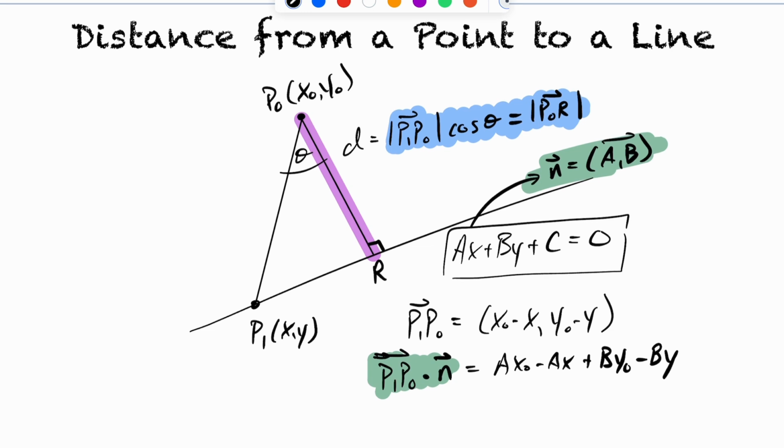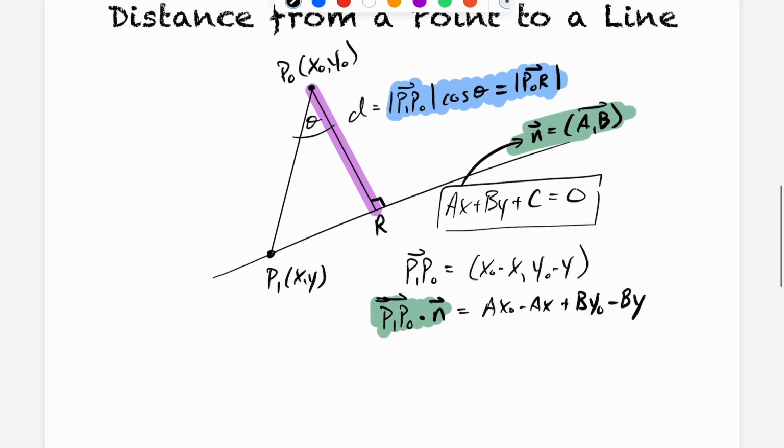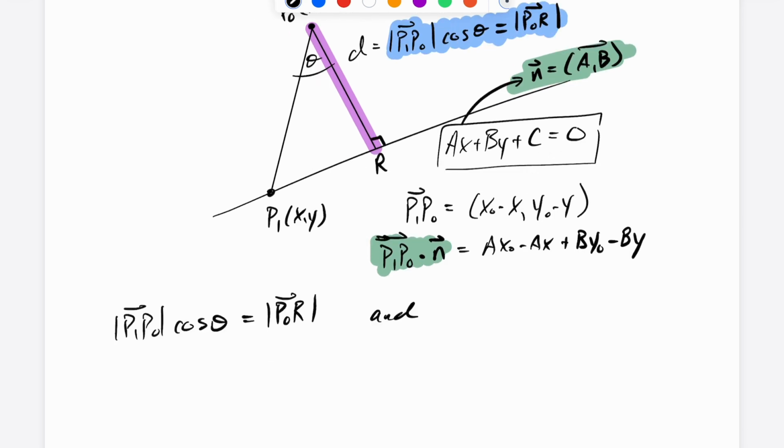So now let's try to put a bit of this together here. I now know that the magnitude of P1 P naught cos theta, I know that's equal to our shortest distance. This is what we want to find. This is my d value, P naught R. Well, I also know that P1 P naught dot your normal is the magnitude of P1 P naught times the magnitude of my normal cos of the angle between them.